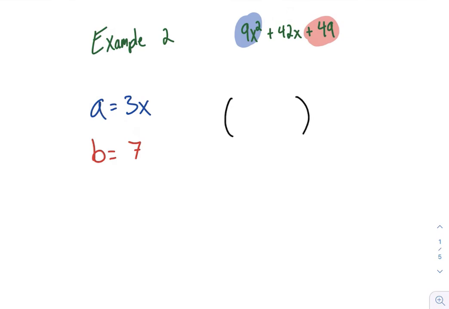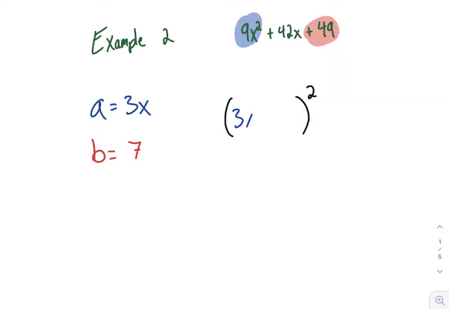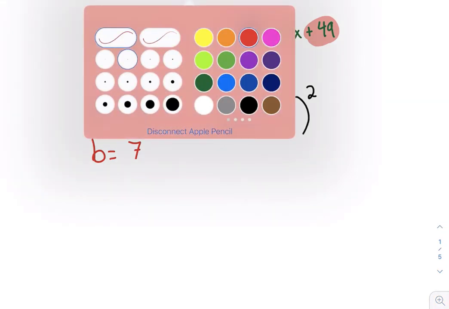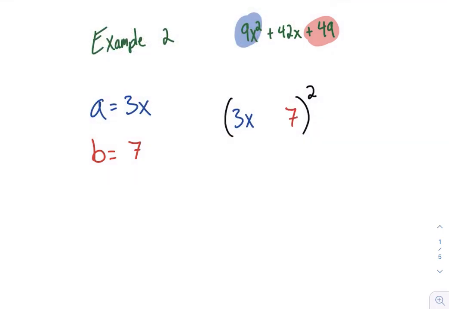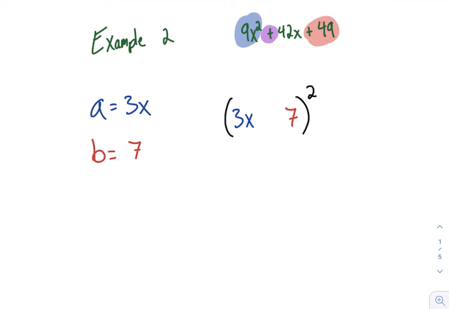So I set up my binomial. It's going to be a binomial squared. The first term is the square root of the first term. The second term is the square root of the constant or the last term. For the sign, you look at the first sign and bring that down into your binomial. Now I just want to double check that this is a perfect square trinomial.